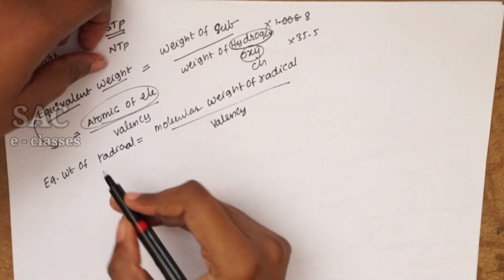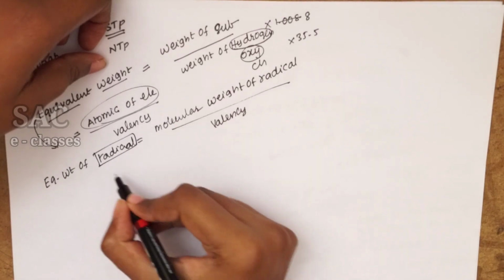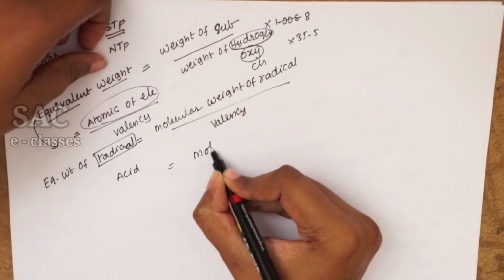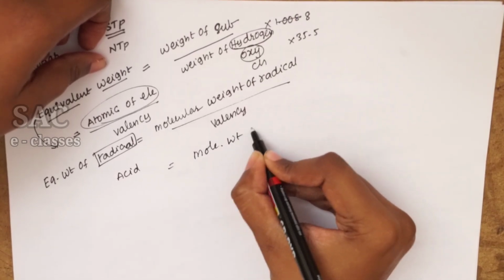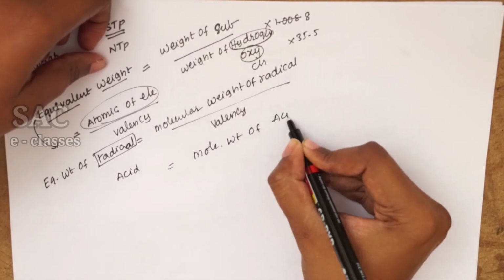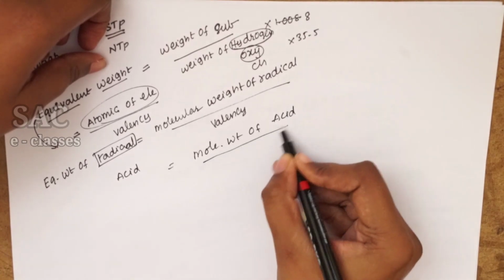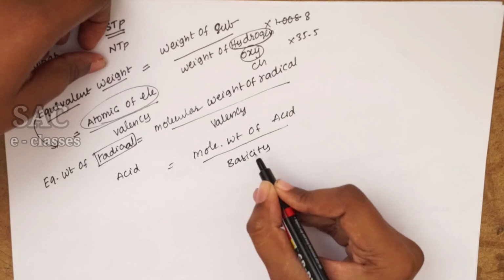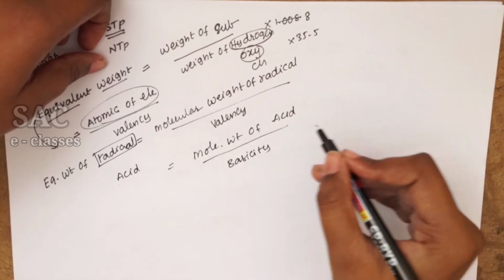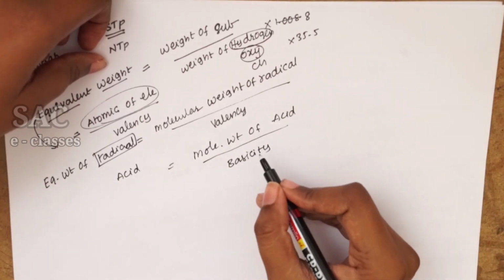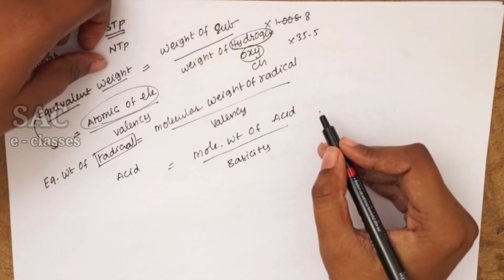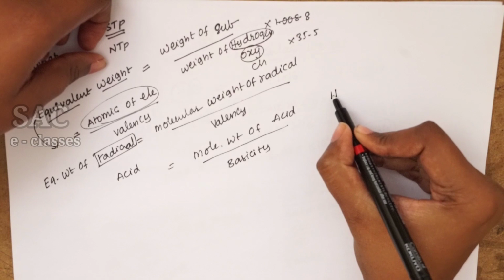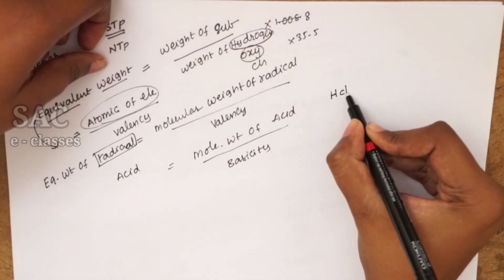If you want to find the equivalent weight of an acid, it is the molecular weight of that acid by basicity of the acid. Basicity is the number of replaceable hydrogens present in one particular acid. For example, what is the equivalent weight of HCl?